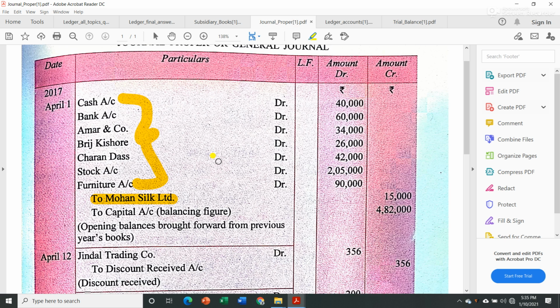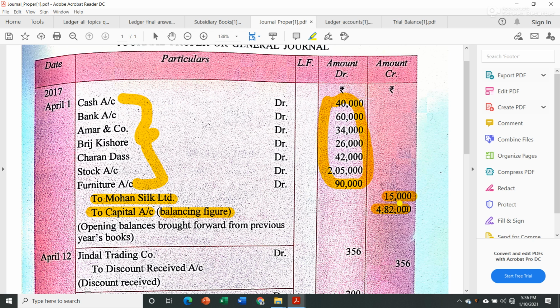Since in a journal, debit and credit sides should both be equal, we will find the total of all these figures, then deduct Mohan Silk Limited's 15,000, and the remaining amount is our balancing figure. We write it as to capital account, that is 4,82,000.